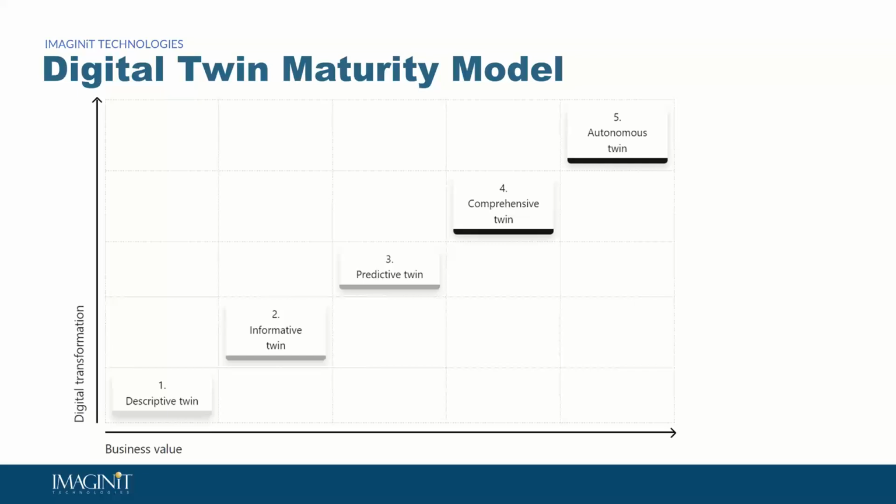This is the goal, the target: that comprehensive twin, where our digital twin becomes real time and a simulation so that we can perform what-if scenarios and determine, if this, then that, and we can prescribe and iterate on our designs, on our facilities, on our products to achieve optimal operations and the best designs.